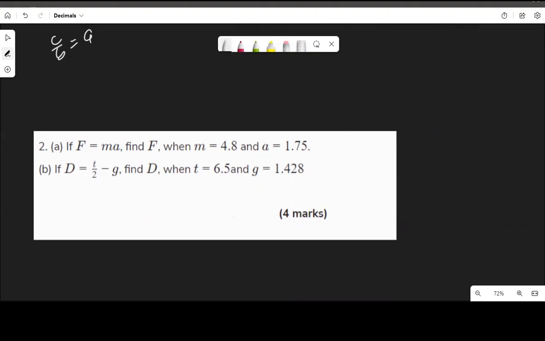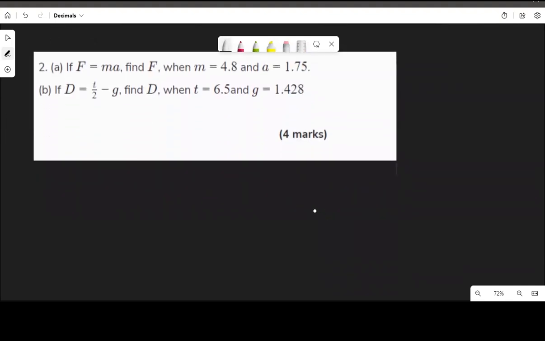Okay, F equal to ma, that is an important equation in physics. For those of you that offer physics, the resultant force equal to mass times acceleration. Okay, so if that is the case, now the value of m is 4.8 according to the question, and the value of a, acceleration, is 1.75.